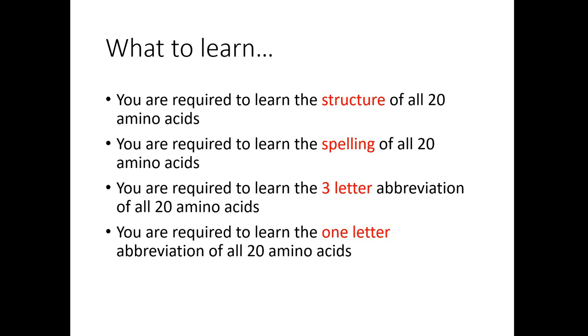We need to learn about the structure of the protein, and the structure of all 20 amino acids. The 3-letter abbreviations are generally used in docking, when we dock drugs with the protein, so we need that. And the 1-letter codes too. These things need to be remembered.